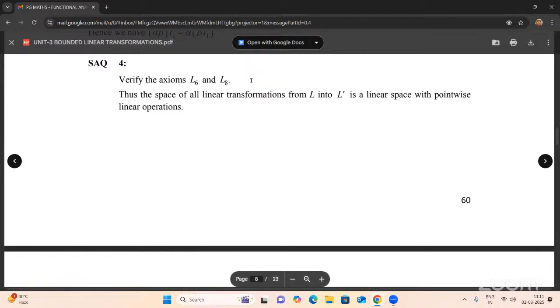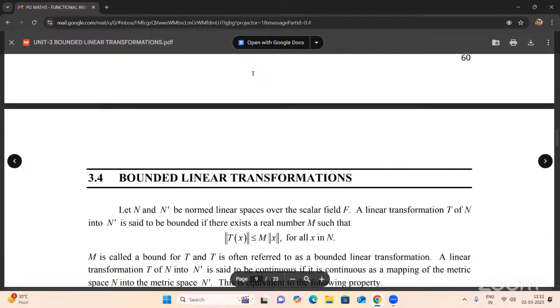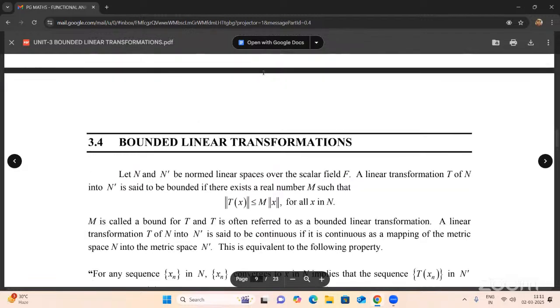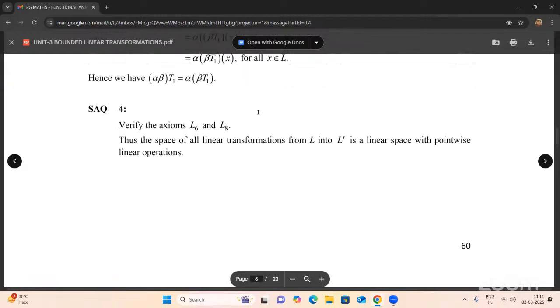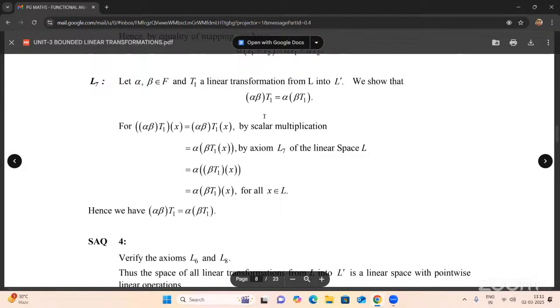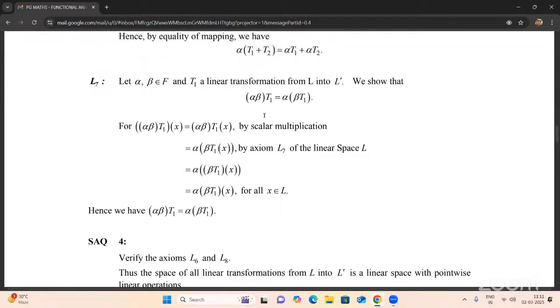Okay. Now already we have defined the linear transformation from the linear space definition. Okay. There is no doubt. So in the examination, this question is also given. That is a very simple answer, and you must present the simplest part through the given condition: T1 plus T2 of x equal to T1 of x plus T2 of x, alpha T1 of x equal to alpha into T1 of x.